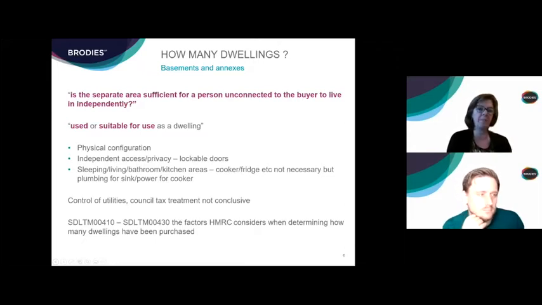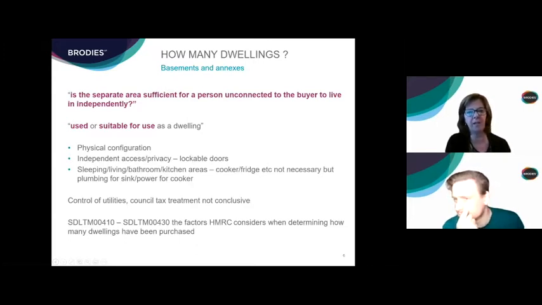So if that basement flat had actually been let out to an independent family at the time of purchase, then it pretty much would mean that that definitely was a dwelling. But if there isn't that use, then the next test is suitable for use. And suitable for use depends on the physical configuration of the dwelling, whether there's independent access.